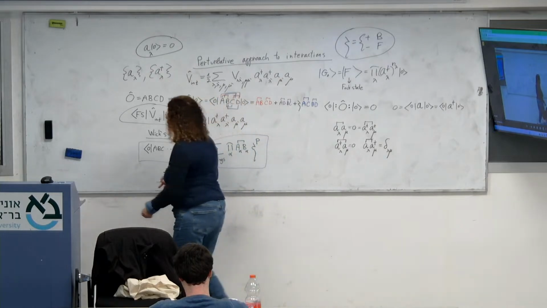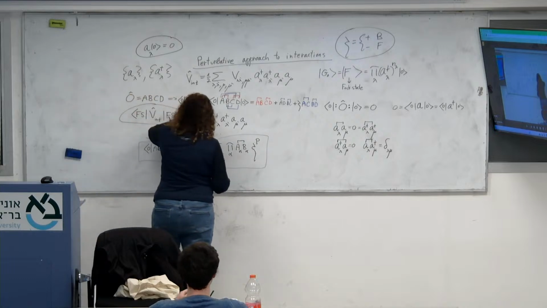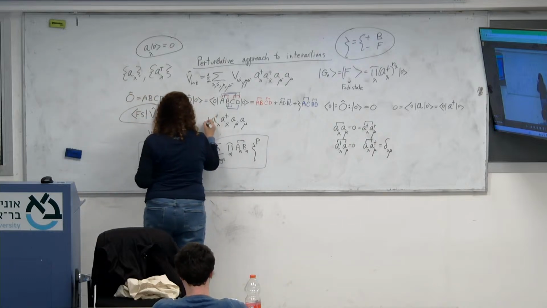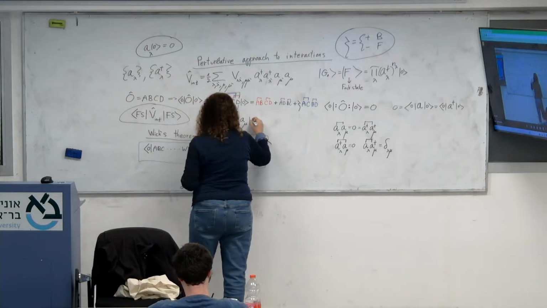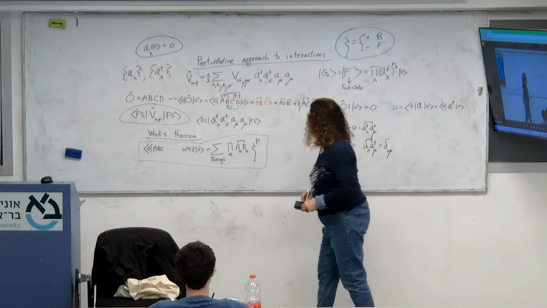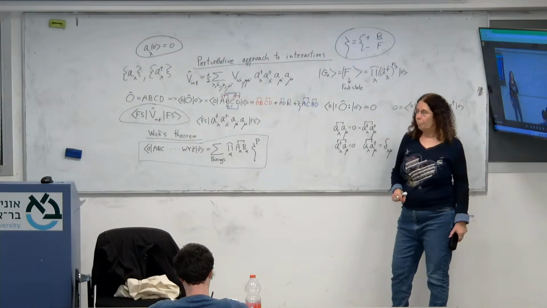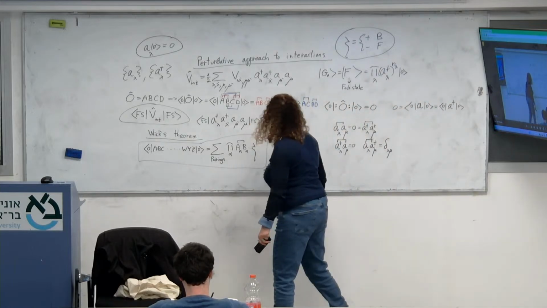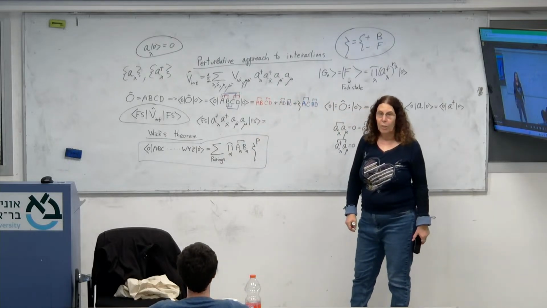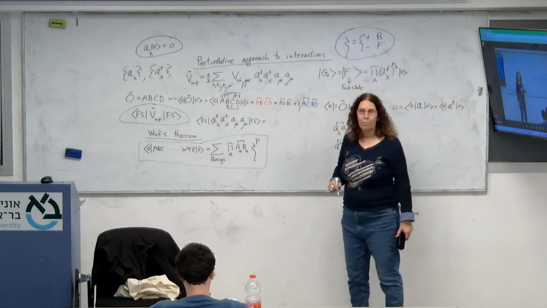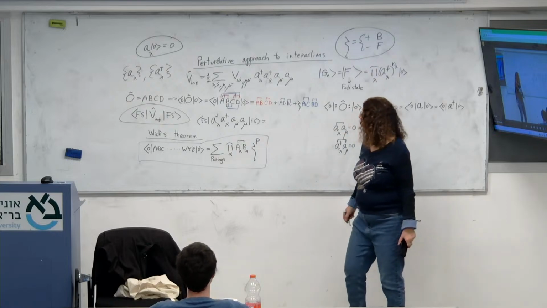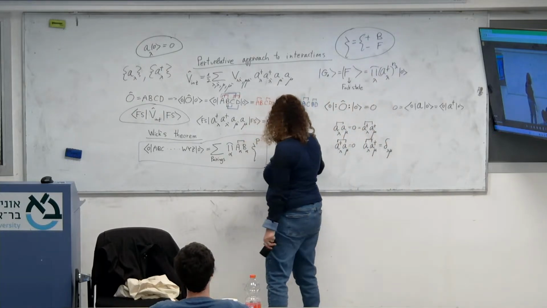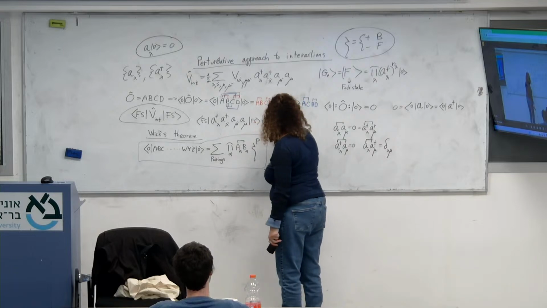And I want to compute the expectation value in terms of the quasi-particles. So what does the Wick theorem tell me? That I have three terms, and let's be a little careful, I'm writing them as contractors.